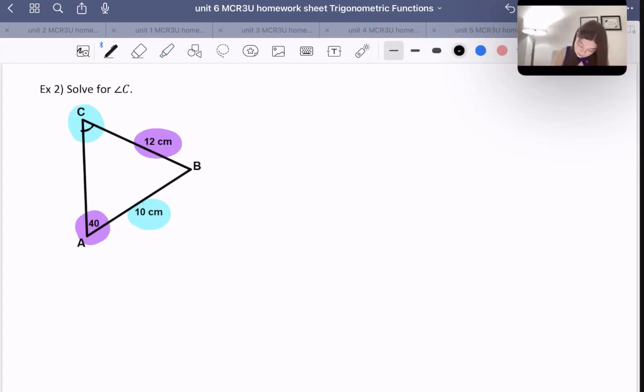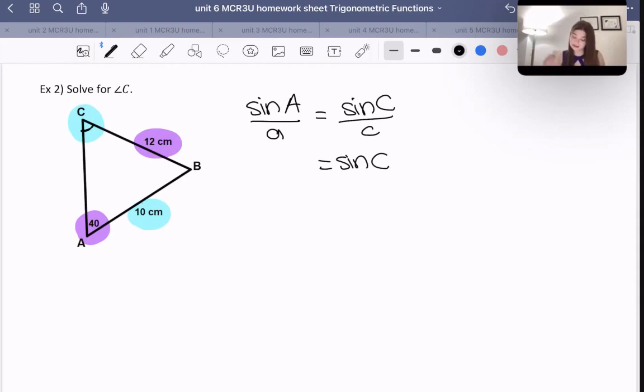We know that sine A over side A is equal to sine C over C. So let's now plug in our answers. We don't know what sine C is; we're trying to solve for C. We know that side C is 10, our opposite is 10. And we know that sine A is sine 40, and that our side A is 12.